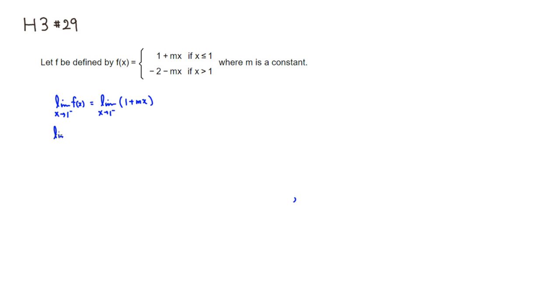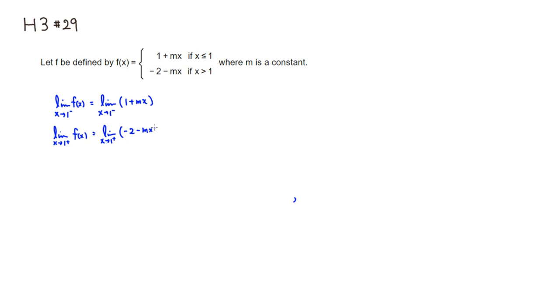And if you have a right-hand limit, as x approaches 1 from the right, then you have to use the bottom formula, negative 2 minus mx.